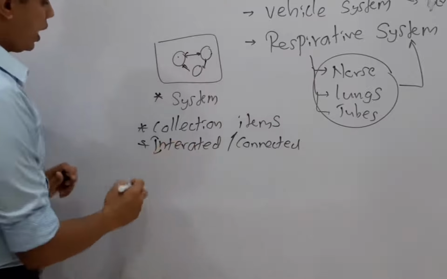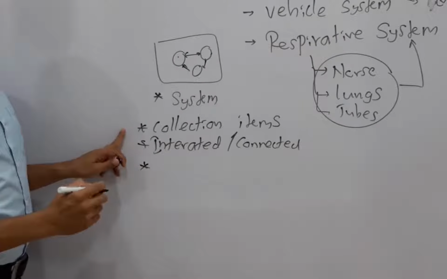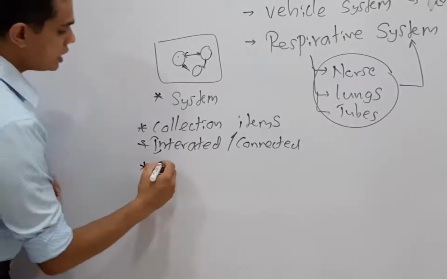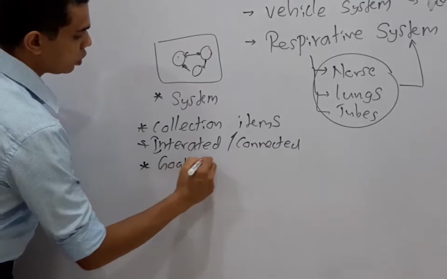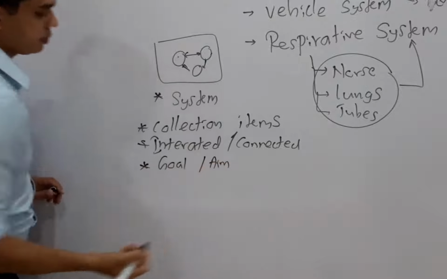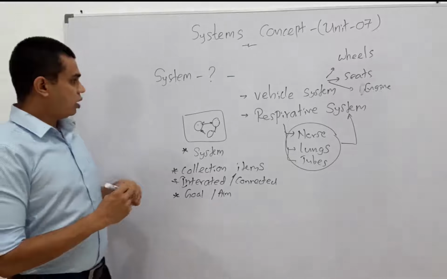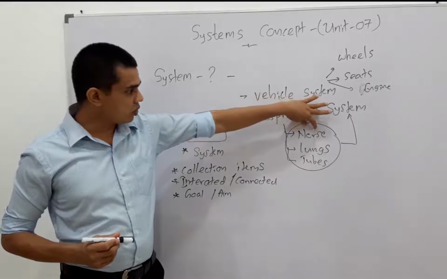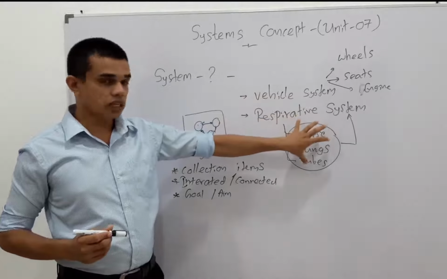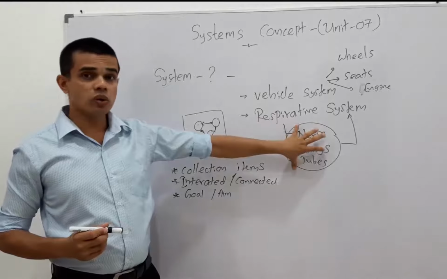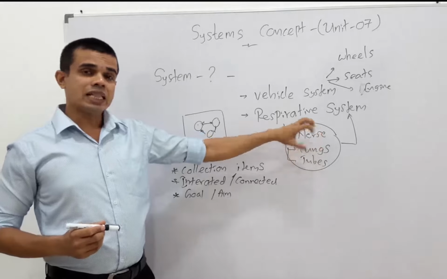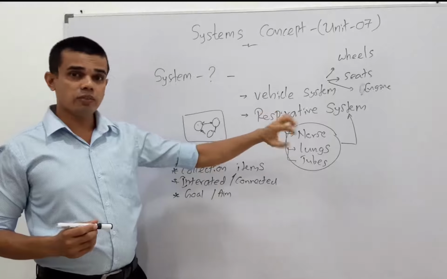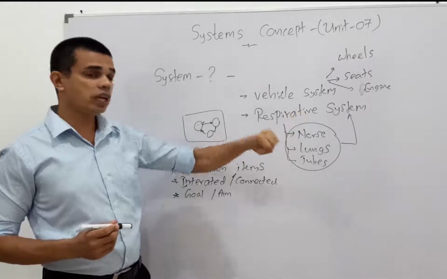Fine. On the other hand, the other point we need is that a system has a goal or an aim. Going to the respiratory system again, the connectivity of the nose, lungs, tubes and some other mechanisms, what is the goal for the human body? That is to purify the blood, or to supply oxygen into your blood.